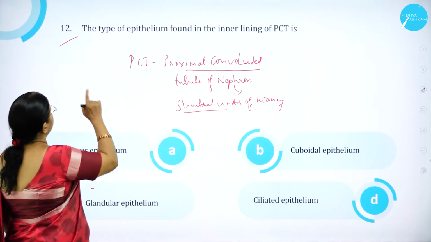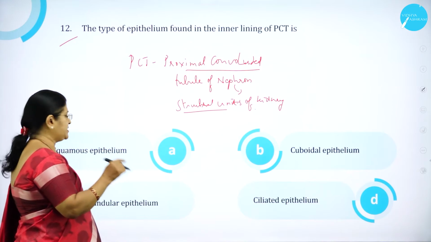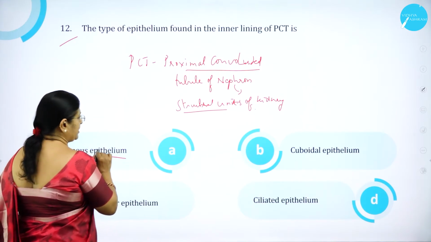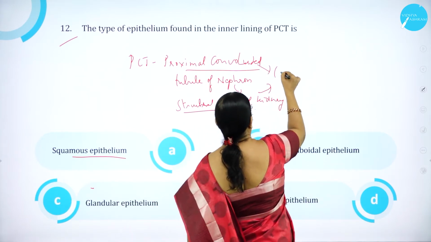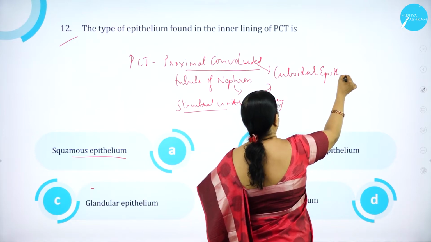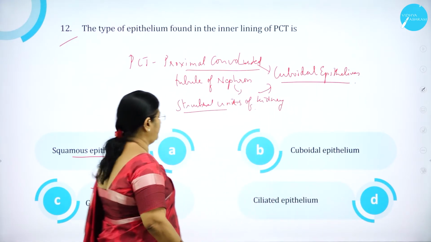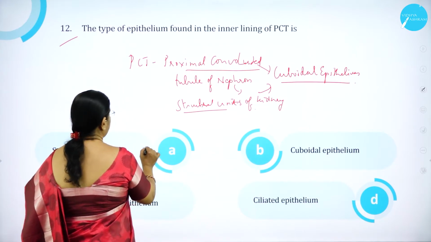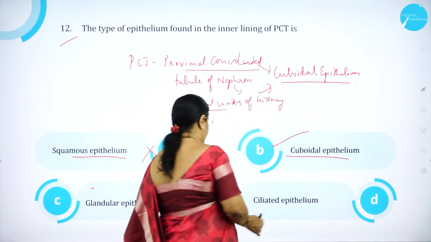So the type of epithelium found in the inner lining of PCT, is it squamous epithelium? It is made up of cuboidal epithelium. So option A, squamous epithelium, wrong. B, cuboidal epithelium, correct.